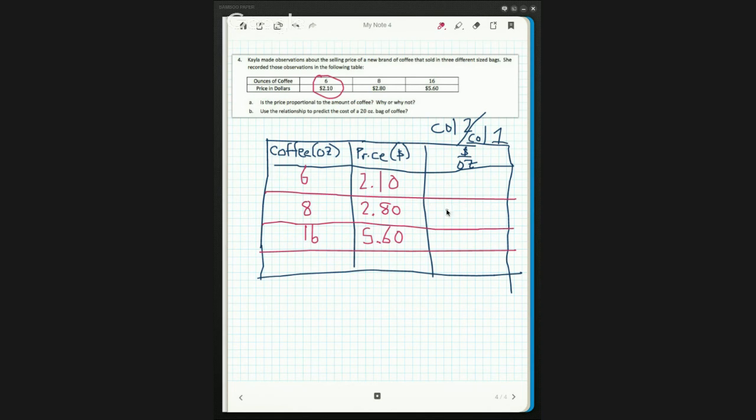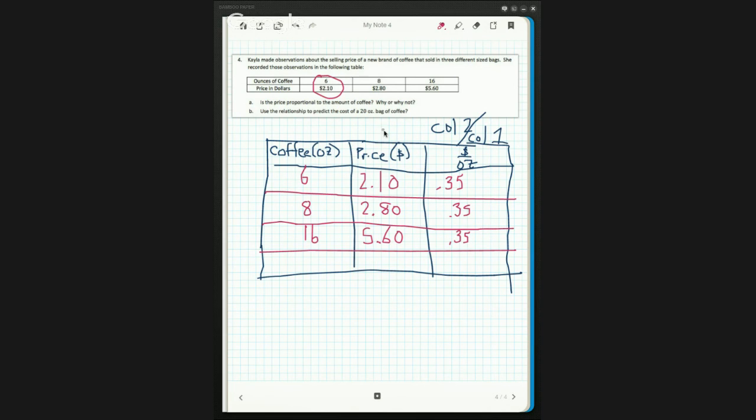So I'm going to take out my trusty calculator, and I'm going to divide 2.1 by 6, and I get 0.35. I'm going to take 2.80 and divide by 8, and I get 0.35. And I'm going to take 5.60 and divide by 16, and I'm going to get 0.35.